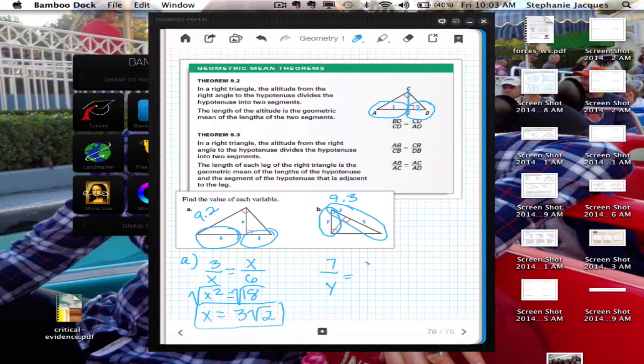And then we do our missing leg again here, over part of our segment, so 2. So we have y squared equals 14. And then you do the square root, and 14 does not simplify into anything that you can take a perfect square out of. So you get the square root of 14. You could use a calculator and get a decimal amount if you wanted to, but I'm not requiring that.